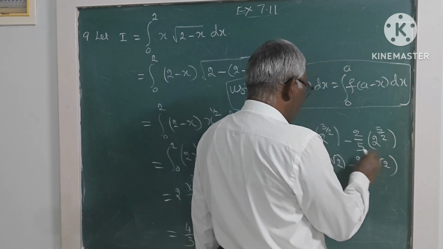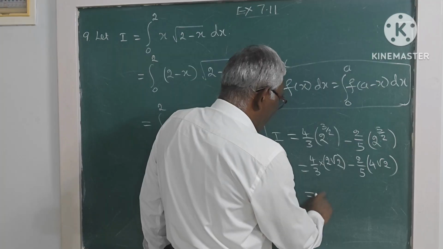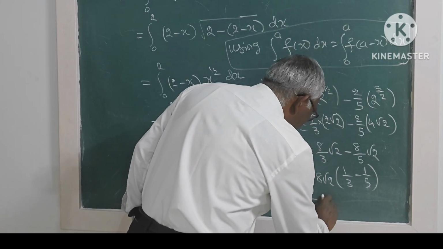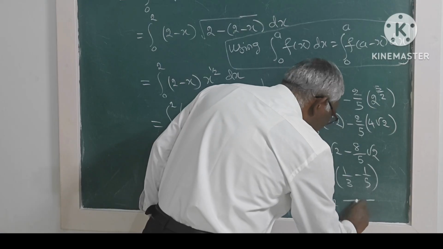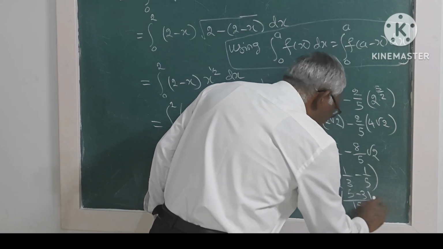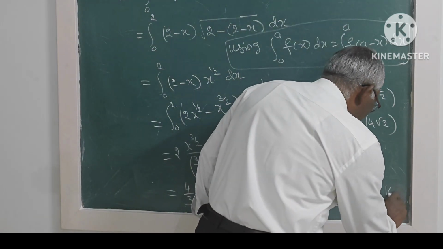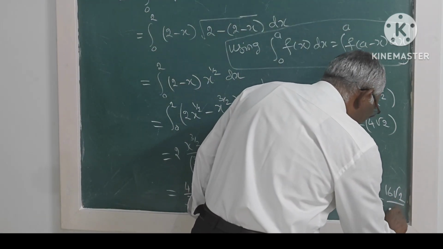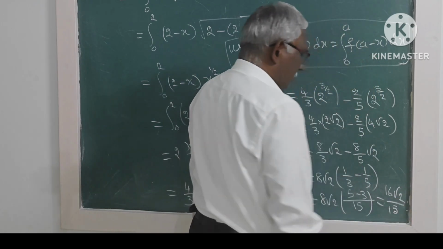So this becomes 4 root 2, this becomes 2 root 2. So 16 root 2 by 15. So this is the answer.